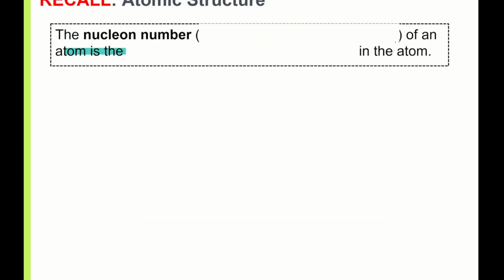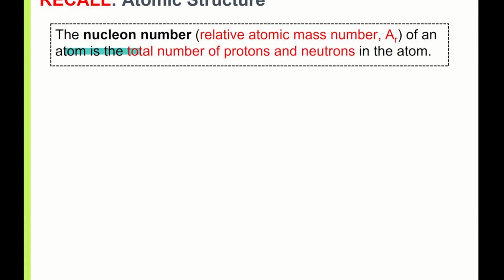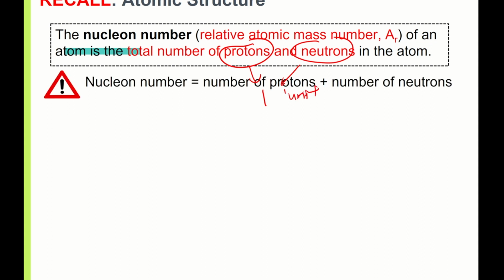So in atomic structure, recall, nucleon number is actually also called the relative atomic mass. It is the number of protons and neutrons in the atom, because this proton and this neutron have a relative atomic mass of 1 unit. So nucleon number is the total number of these two together.